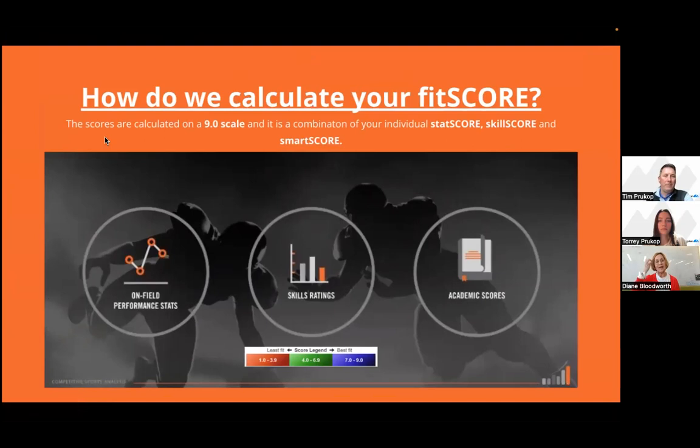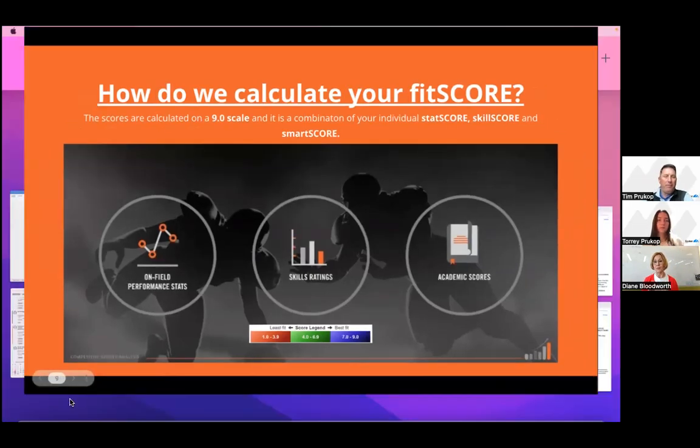Thank you, Tim. And so you may have seen some of your scores on your scoutSMART profile. The college coach creates a fit score, and it could vary. You might be a better fit for an Ivy League than another school. So the coaches can really customize what's most important to them. But the scores you're going to see are shown here. They're on a scale of 1 to 9.